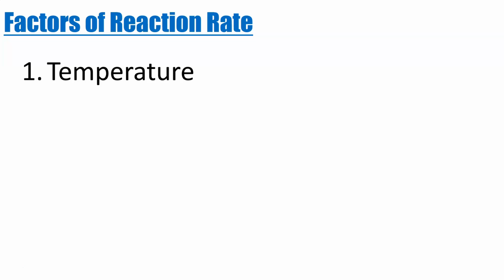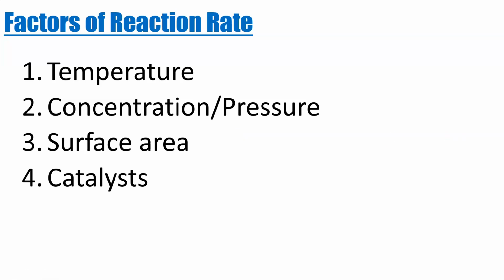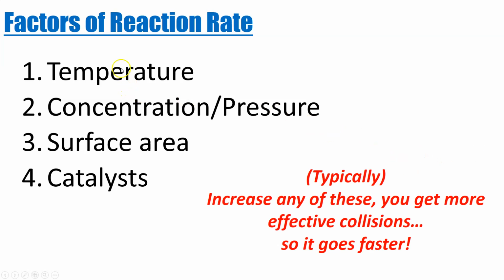We could change the temperature. We could change the concentration or the pressure. If it's a gas, we could change the pressure. We could increase the surface area of the molecules, or we can add a catalyst. So if you increase these things, the rate will go up.